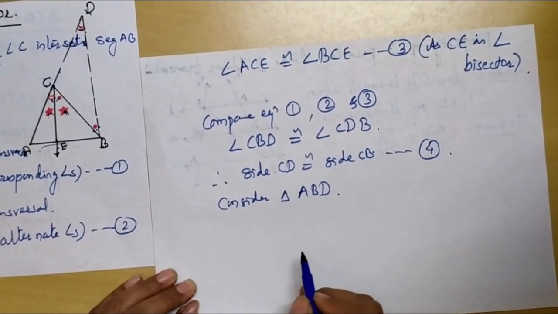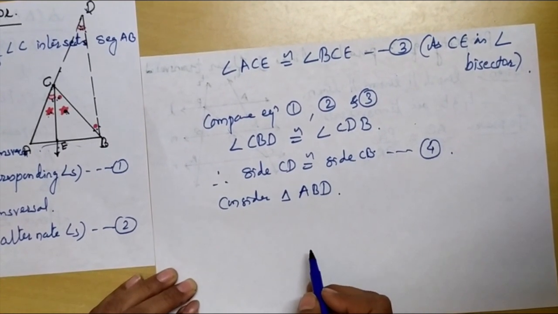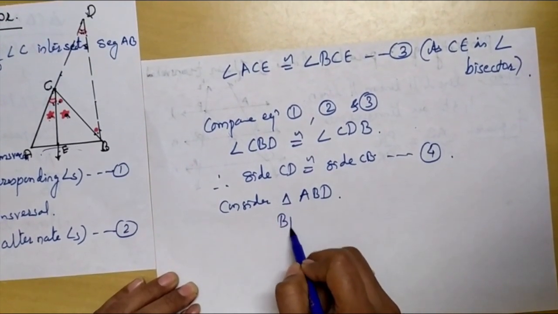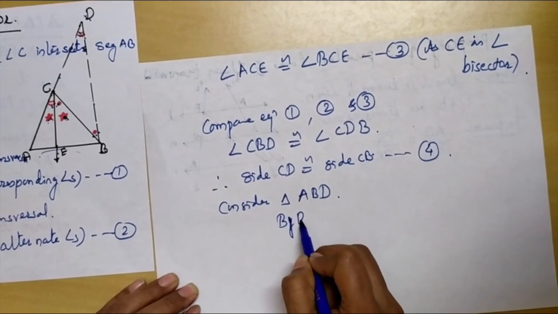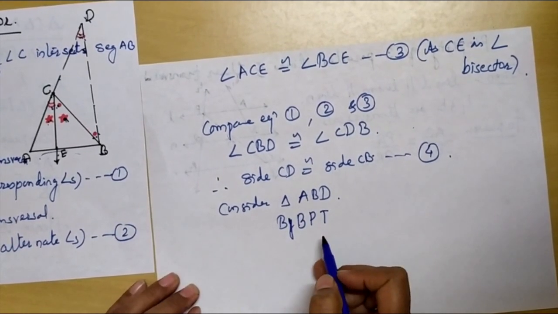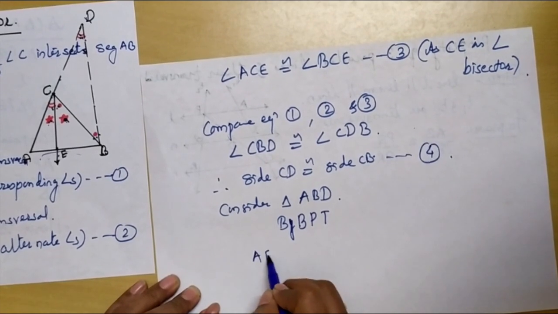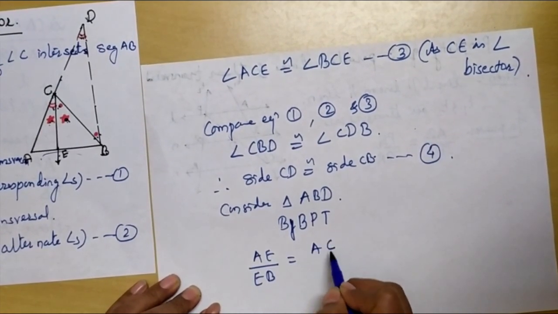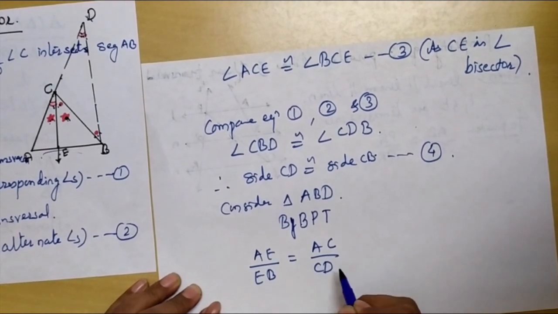Now consider triangle ABD. In this triangle, EC is parallel to BD. Therefore, by BPT, we get AE upon EB is equal to AC upon CD.